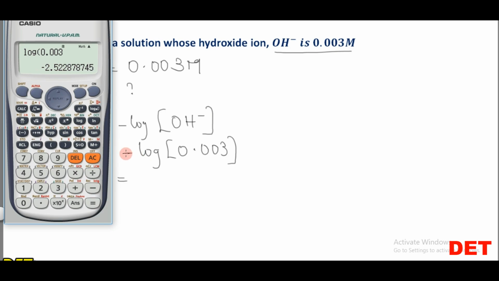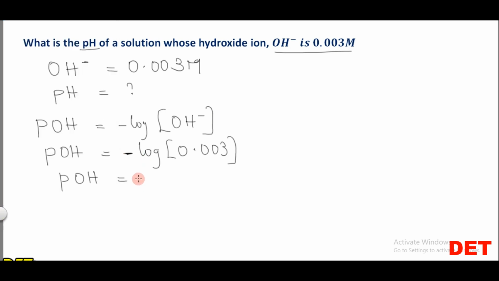I have a minus sign here, then log 0.003, which is minus 2.52, bracket close. So my pOH will be equal to minus times minus 2.52, and minus times minus gives us plus, so 2.52. This is my pOH of the solution.